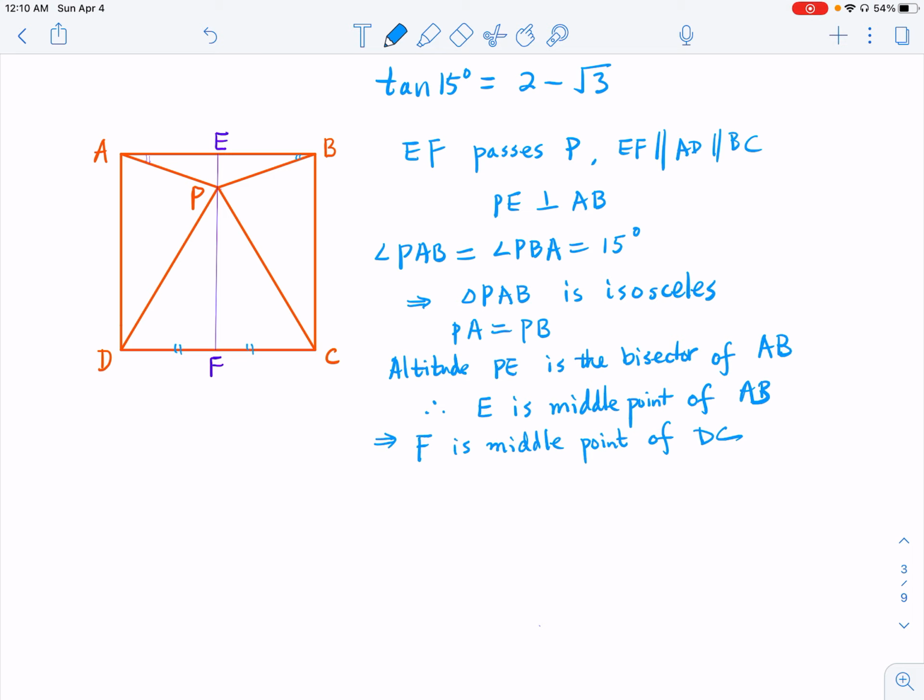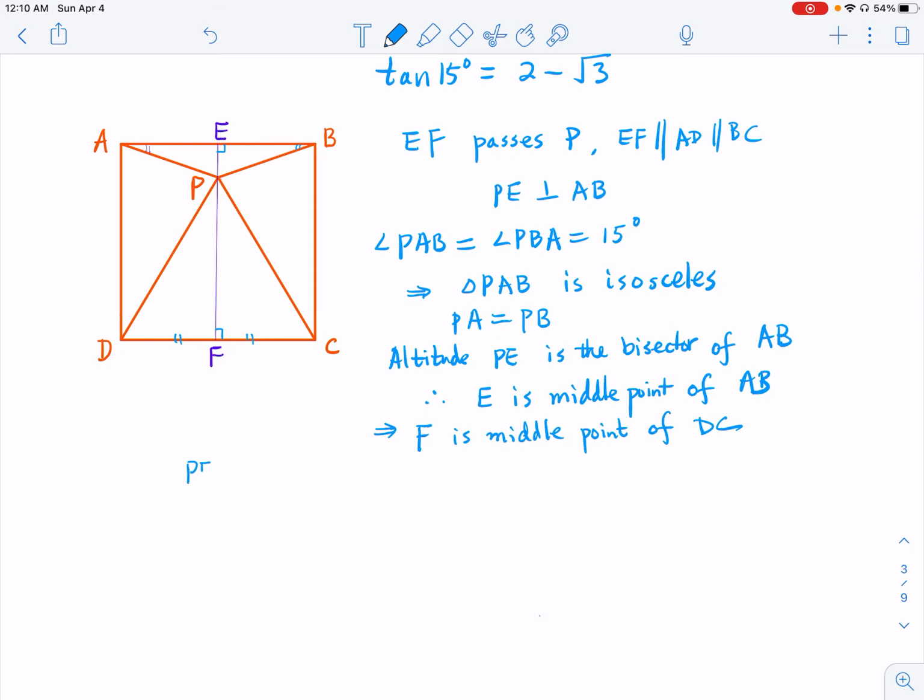Now, since this is perpendicular, PF is a perpendicular bisector, so this tells us that PD would equal PC.